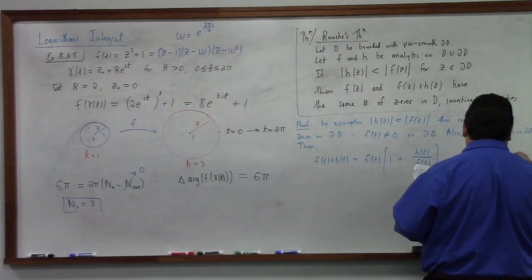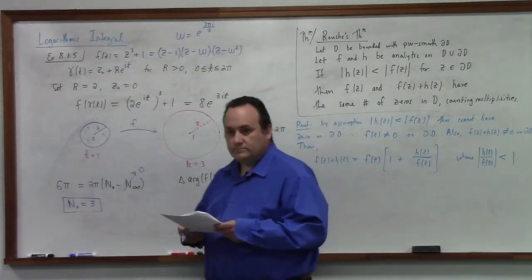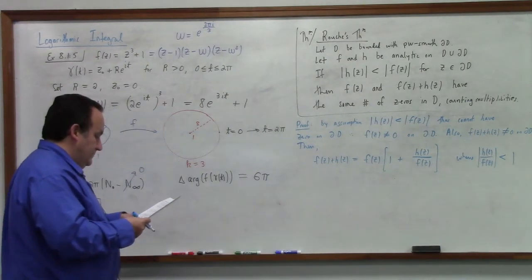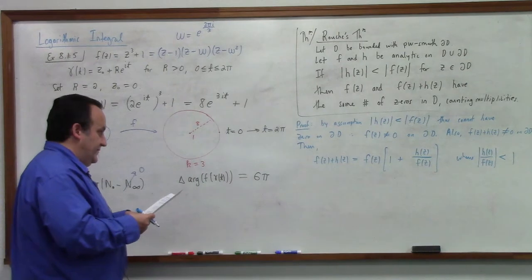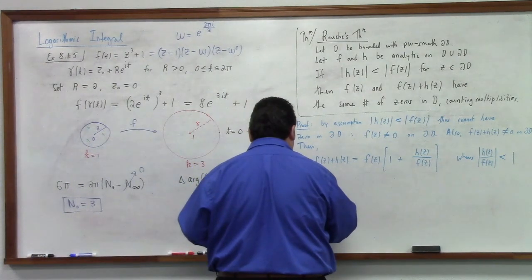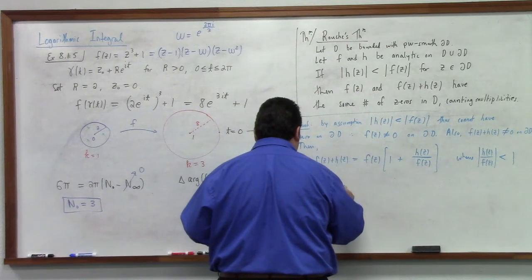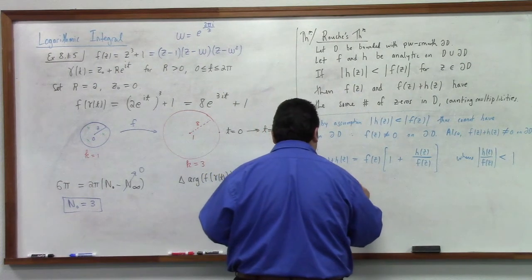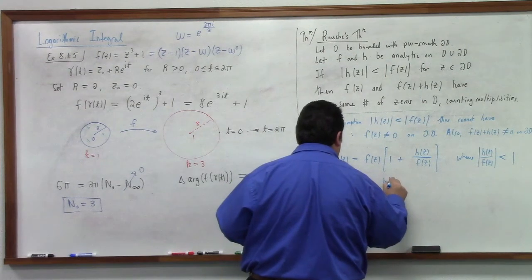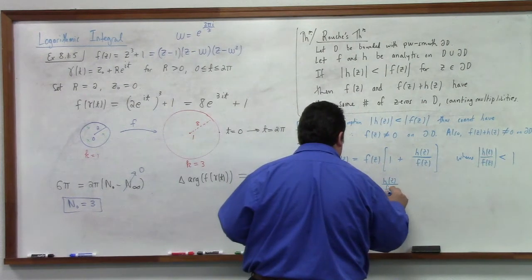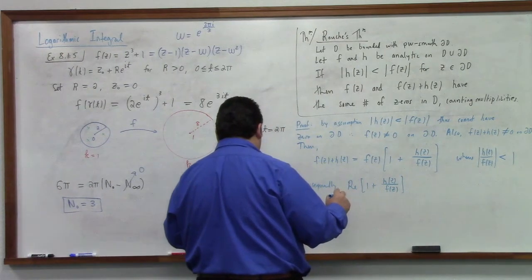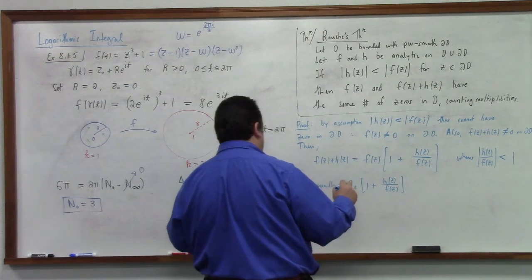It's less than 1, right? So, consequently, the real part of 1 plus h of z over f of z has to be greater than 0.